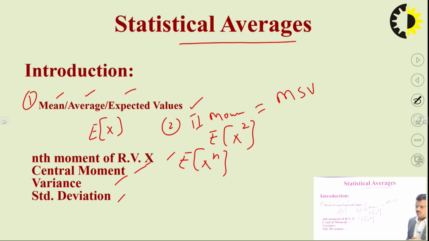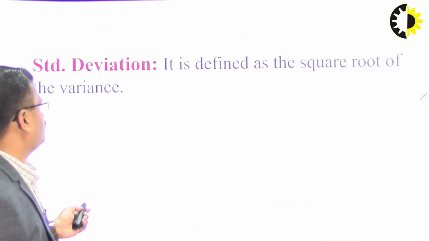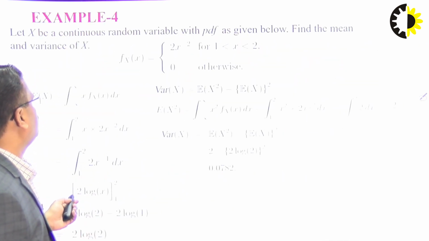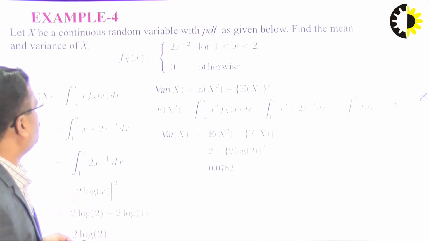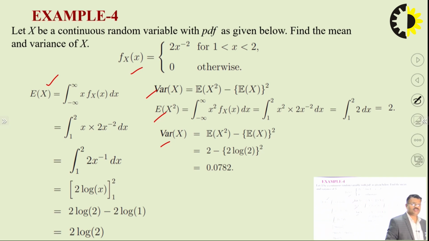This is from my side, and more things are available about this that I can tell you. These are some examples for calculating when some PDF is given to you. You can find its mean, its variance, its mean square value and so on. Some formulas are there by which you can calculate.